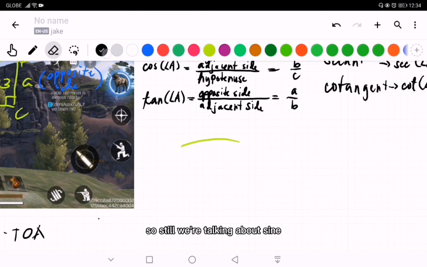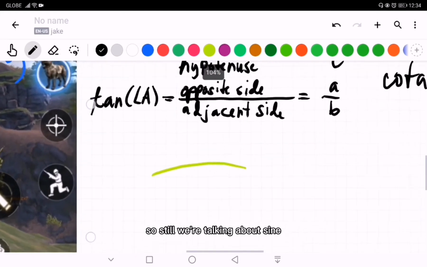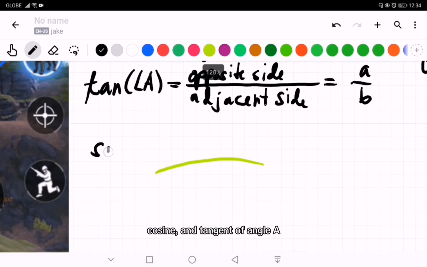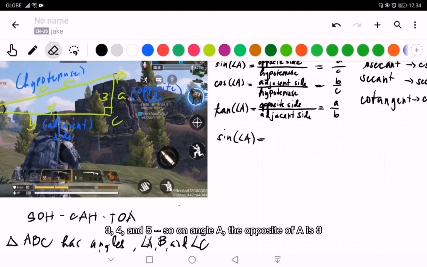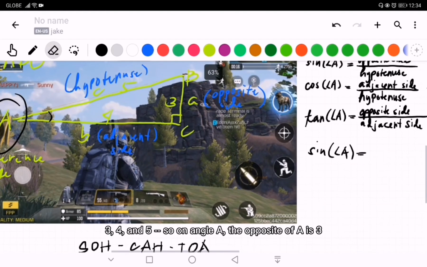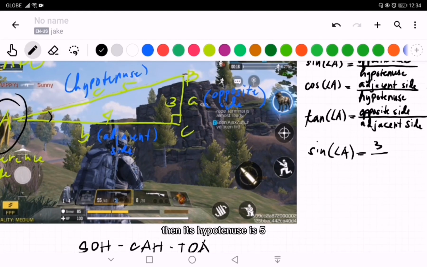So still we're talking about sine, cosine, and tangent of angle A. So sine of angle A with a given value, we have 3, 4, and 5. So on angle A, the opposite of A is 3, and then its hypotenuse is 5.